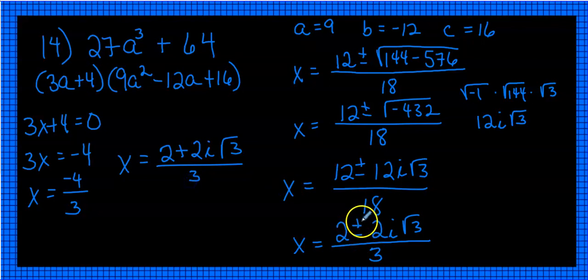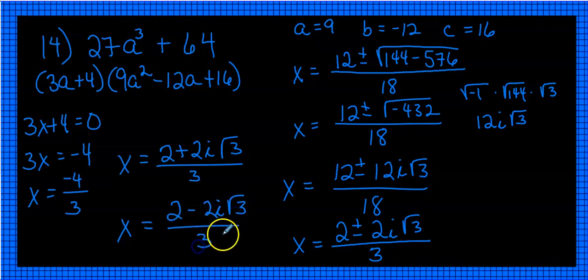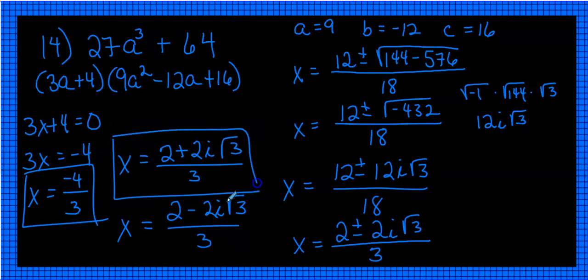So I use the plus for this one. And then x also equals 2 minus 2i root 3 over 3. So here's one root, here's another one, and the last one. So there's 3 roots because it's cubic, that means it has 3 roots.